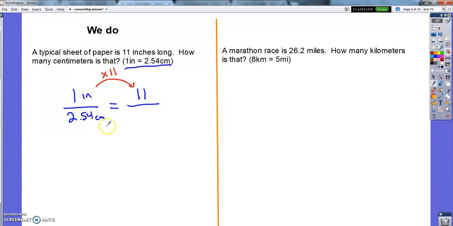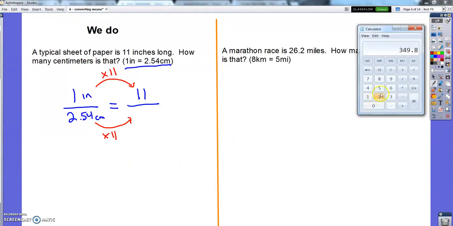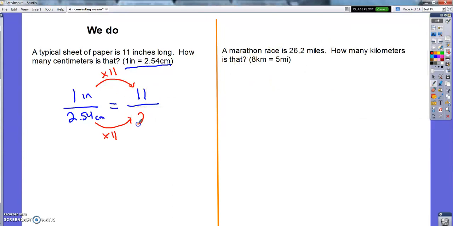So that's times 11. 2 and 54 hundredths times 11 is 27 and 94 hundredths centimeters long.